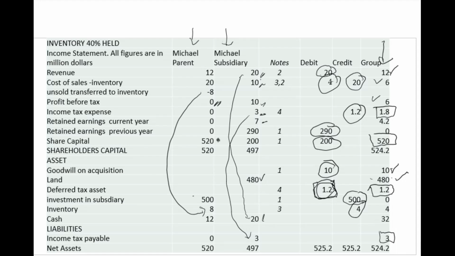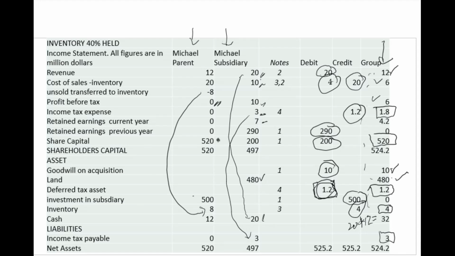The inventory value is 4 million because it's only 40% of 10 million inventory that's been held, which is 4 million. And the cash has increased because there was 20 million of cash. There was 12 million of revenue, and that 12 million of revenue became cash. So 20 plus 12 is the total cash, which is equal to 32 million.